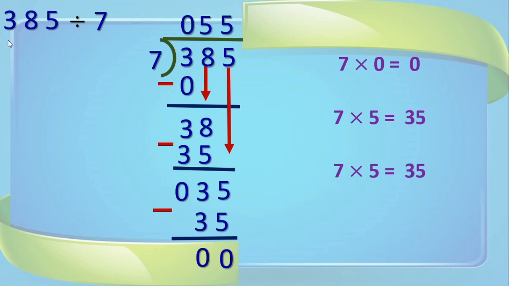If we divide 385 rupees among 7 people, then each one will get 55 rupees. Correct? Yes, 1 coin of 5 rupees, or otherwise 5 coins of 1 rupee and 5 notes of 10 rupees, that is 50. 50 rupees plus 5 rupees. Got this?